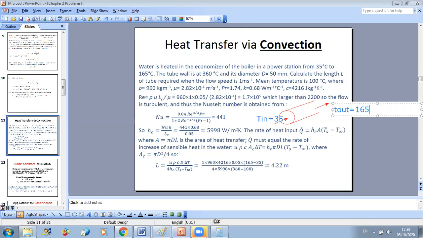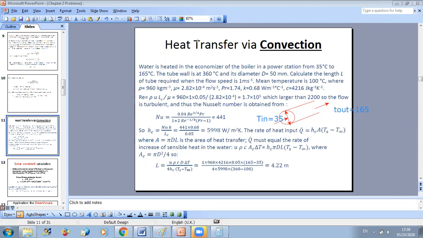And they gave us the geometrical characteristic of the tube. They gave us the diameter. The diameter is 50 millimeter. But what we don't know is what is the required length to achieve the heating purpose. We want to heat from 35 to 165. To do this, we should design a tube of length that is high enough to reach this temperature.